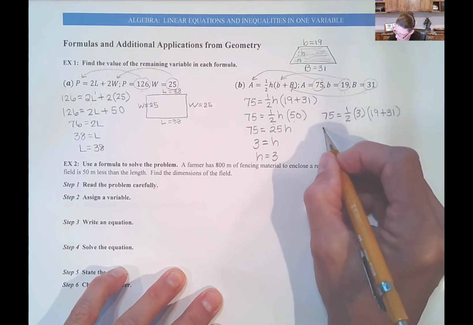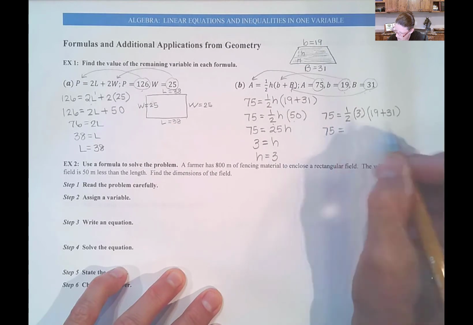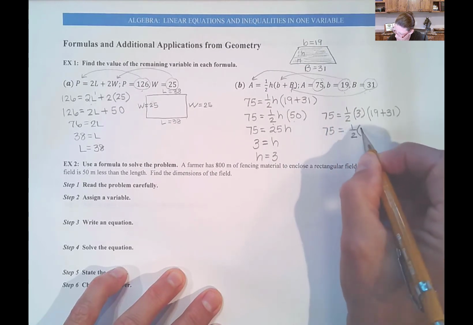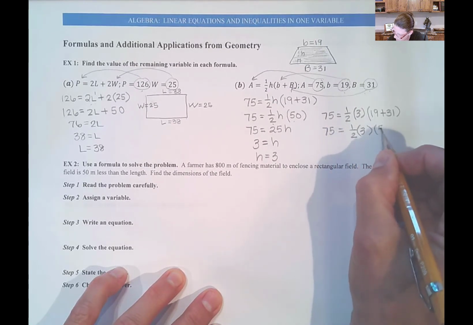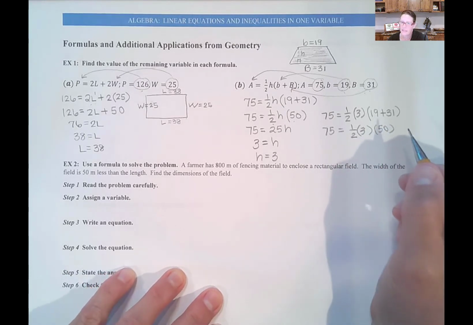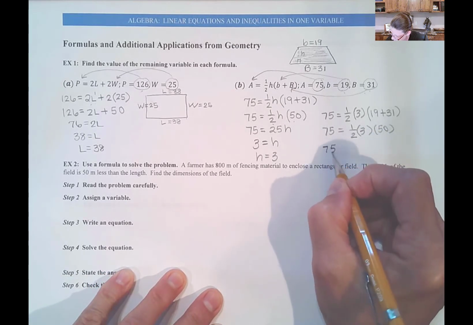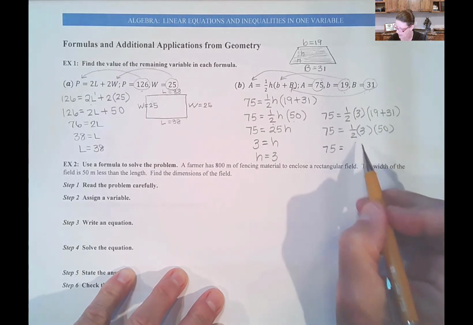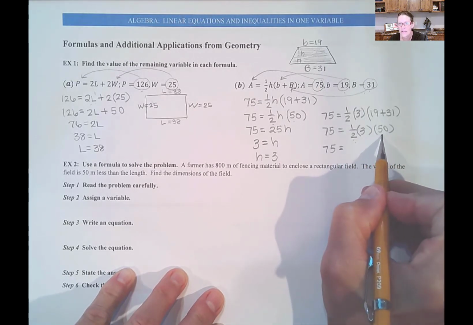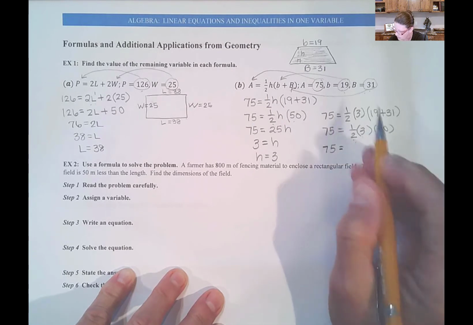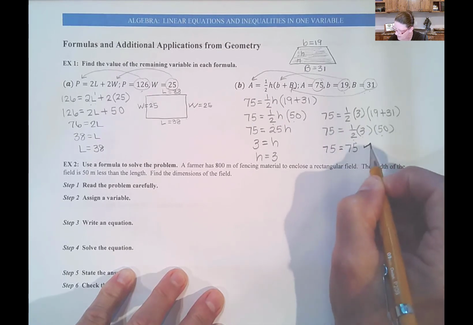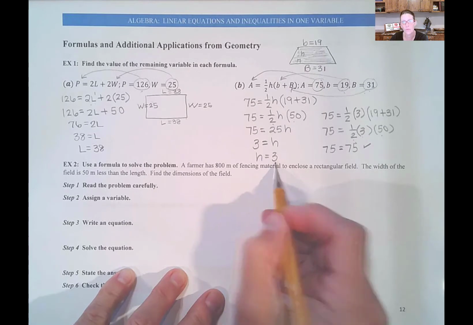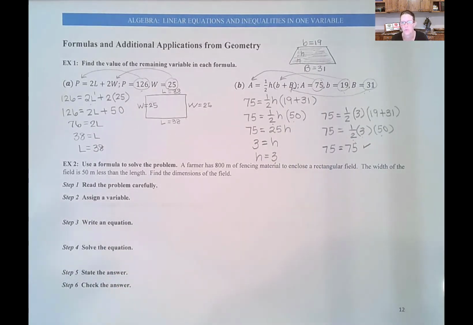You don't have to check these, but just giving you some background here, trying to help this make sense for you. Again, I'm going to multiply in the order that's easiest. Half of 50 is 25, and 25 times 3 is 75. So if the height is 3 units, then we will get an area of that trapezoid equal to 75 units.